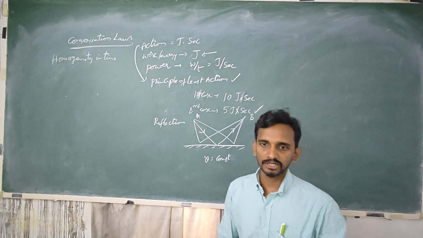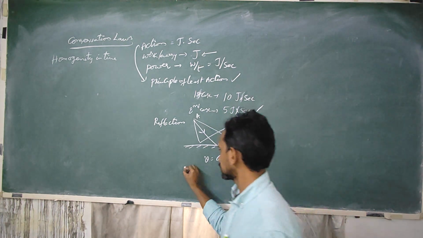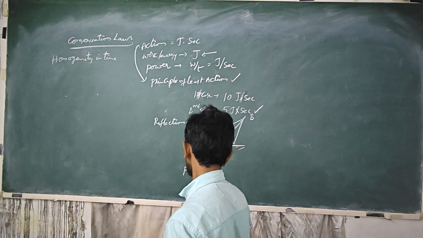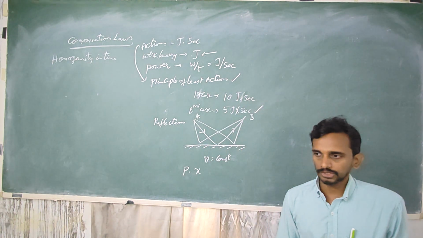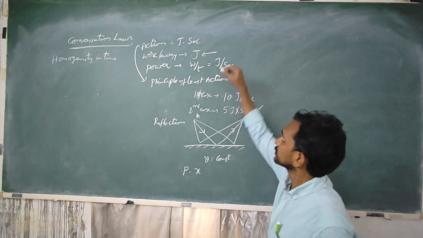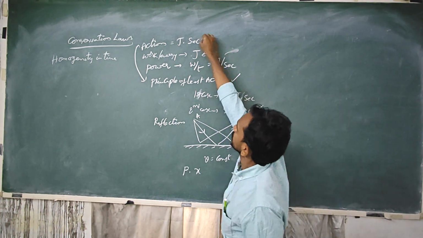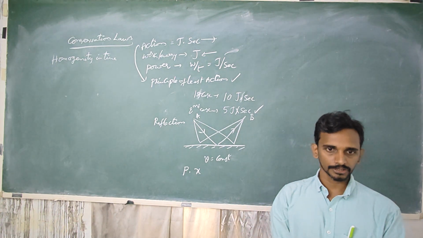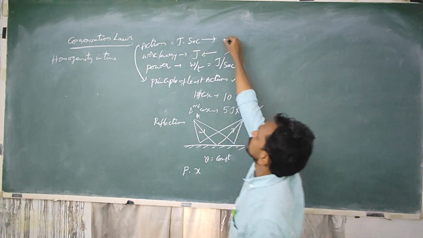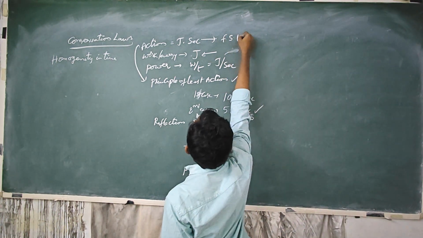Like, let's say here it is momentum and position. What are the units of joule second? Joule is energy, force into displacement. This is force into displacement into time.